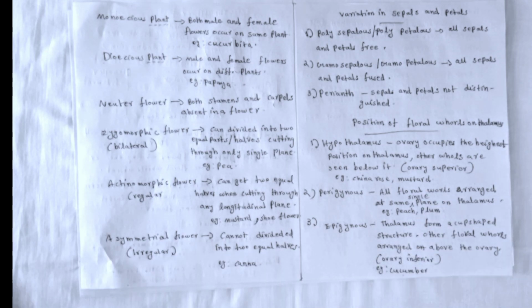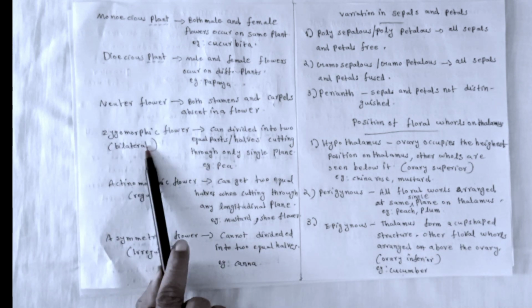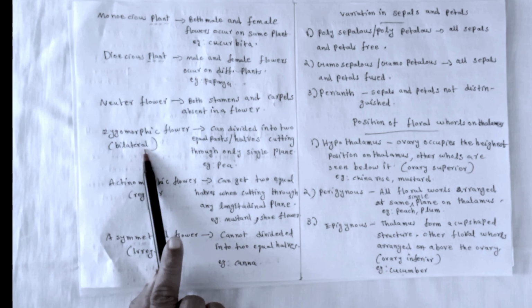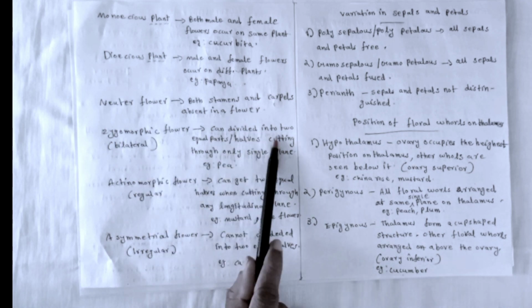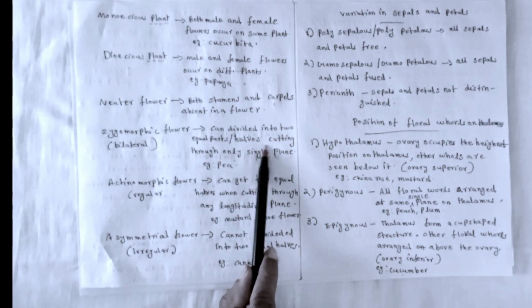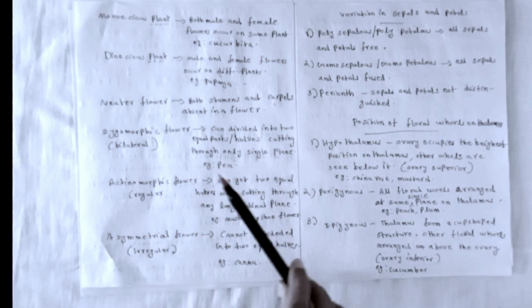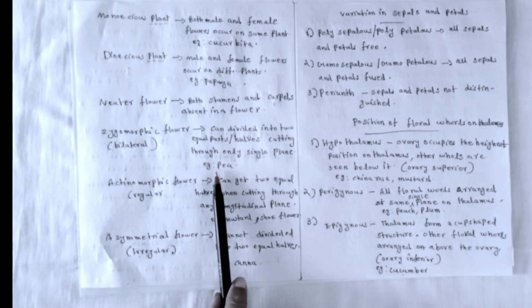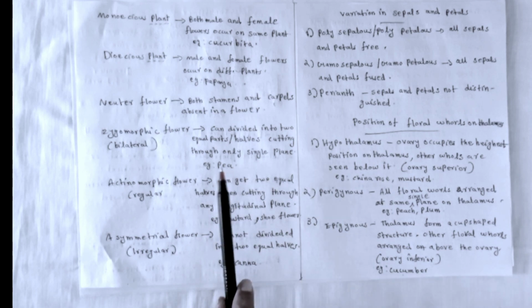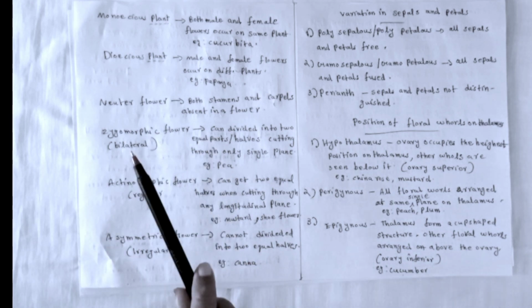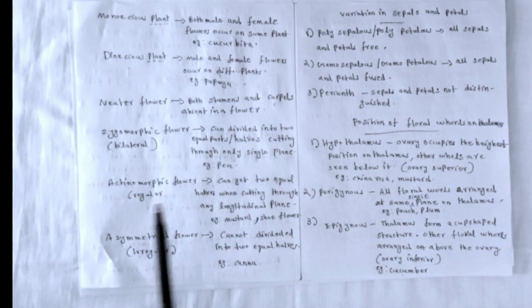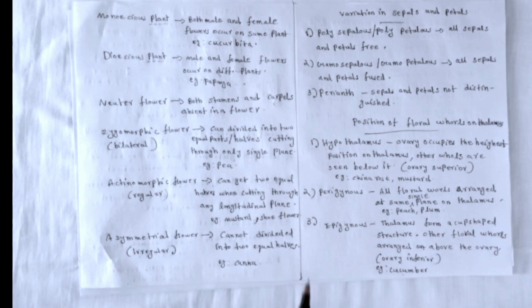Next term, zygomorphic flower or bilateral flower. It can be divided into 2 equal halves by cutting through only a single plane. Example, pea. If we cut pea flowers in longitudinal section, we only get 2 equal halves. Next, actinomorphic flower or regular flower.